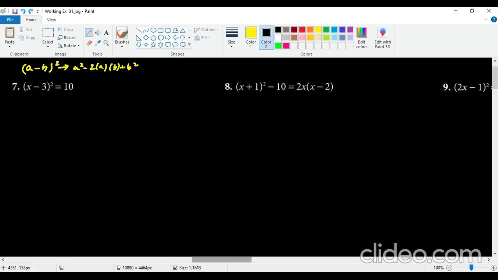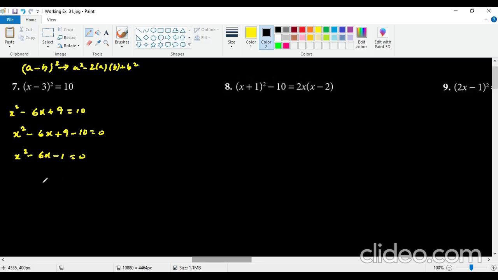So now finally we'll have x square minus 3x. 3 times x is 3x, and double 3x is 6x. So I will write 6x, and plus 3 times 3 is 9, equals 10. So finally what you will have is x square minus 6x plus 9 minus 10 equals 0. So finally you will have x square minus 6x minus 1 equals 0.